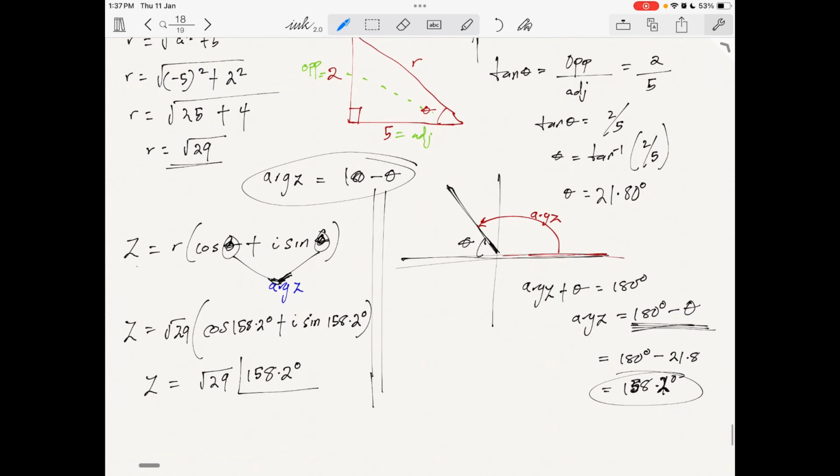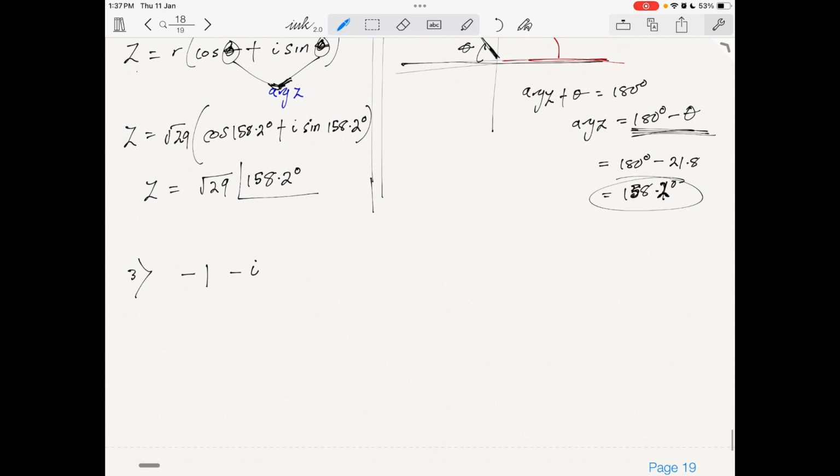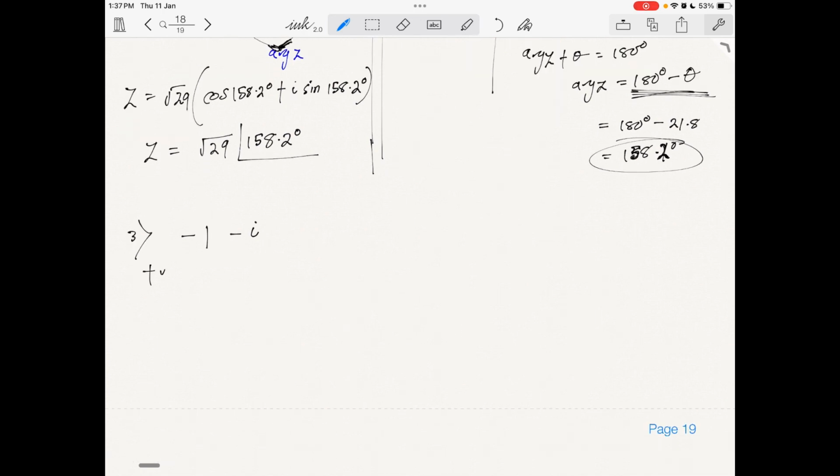Now moving on to question 3, which is minus 1 minus i. You can see here that this one has a negative real and a negative imaginary part.